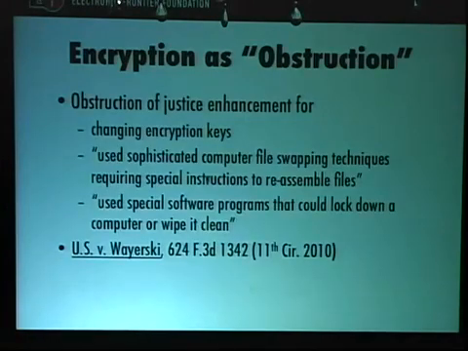Now, what's important for our purposes is that it didn't matter if this was done before the actual crime occurred. The guidelines cover obstructive conduct that occurs before the start of the investigation. So this is one example of how you could potentially get in trouble or get an enhanced sentence under criminal law for using encryption.